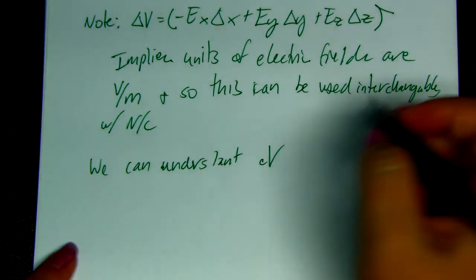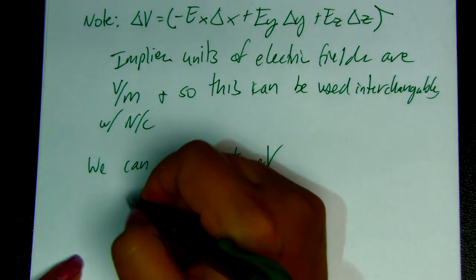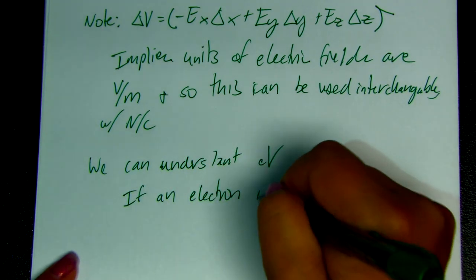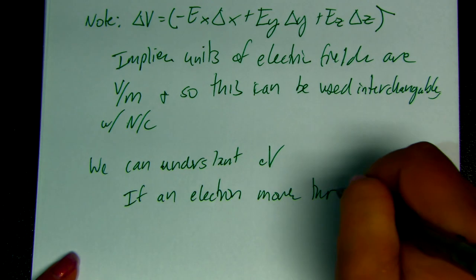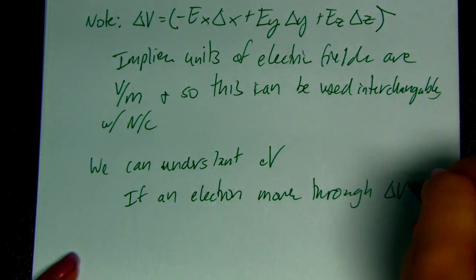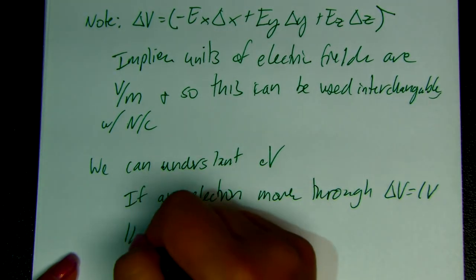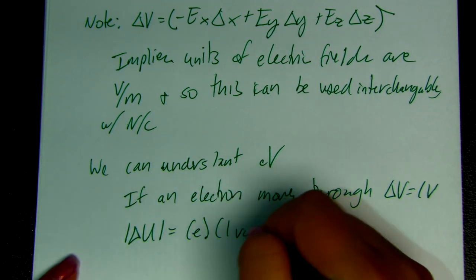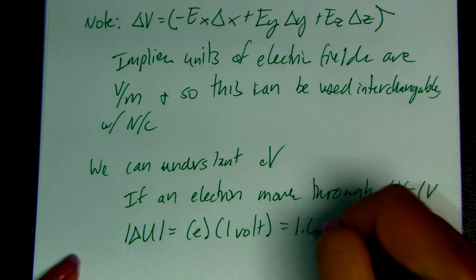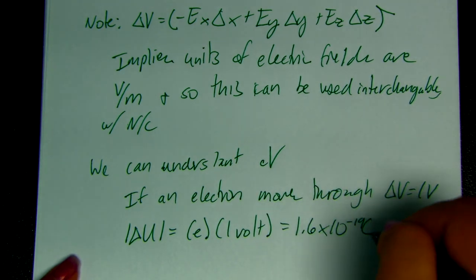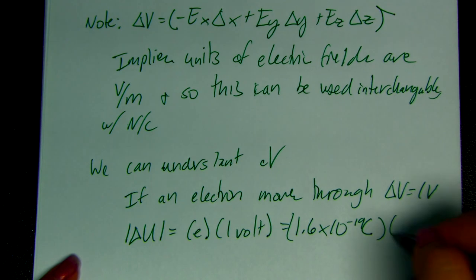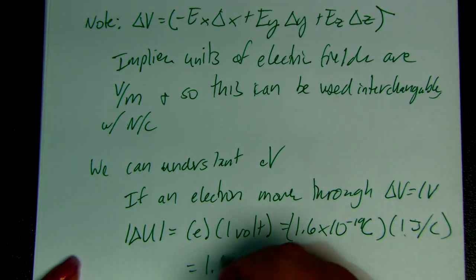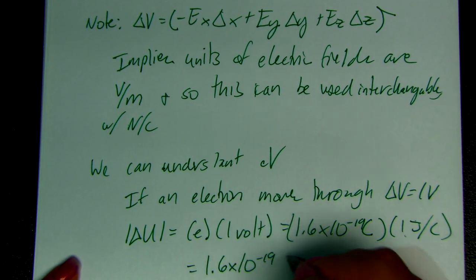All right, so now we can understand what an electron volt is. So if an electron moves through delta V equal to 1 volt, then you have delta U is equal to E times 1 volt, which is equal to 1.6 times 10 to the minus 19 coulombs times 1 joule per coulomb, which is equal to 1.6 times 10 to the minus 19 joules.